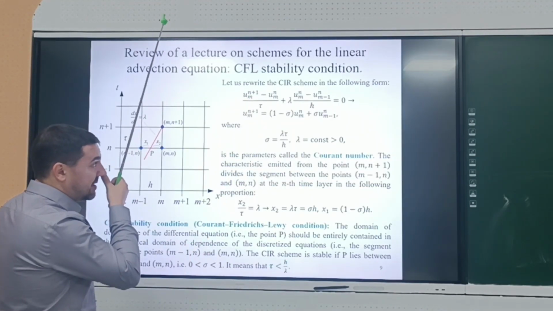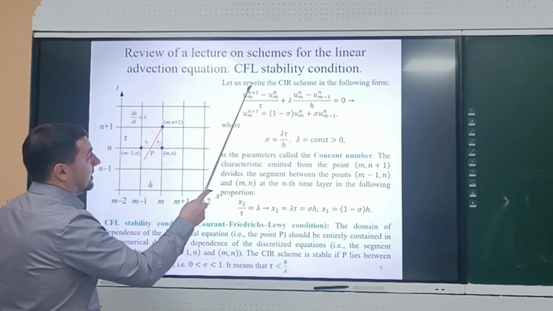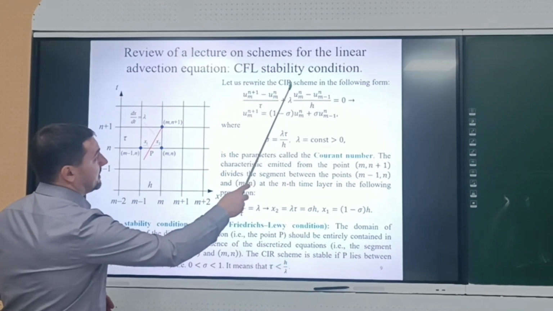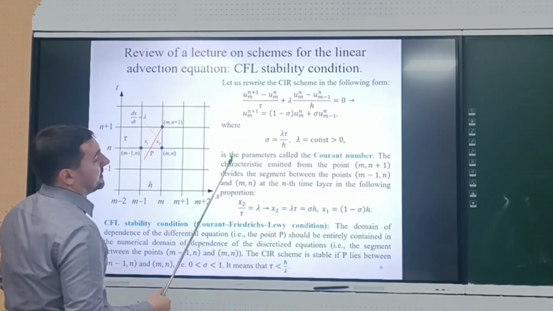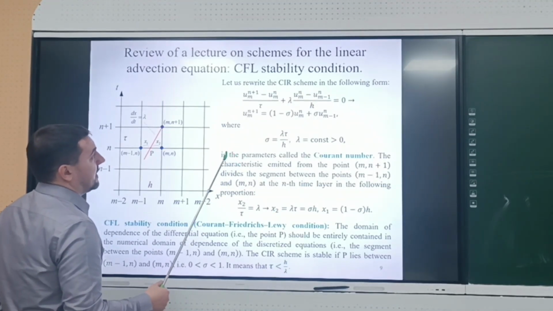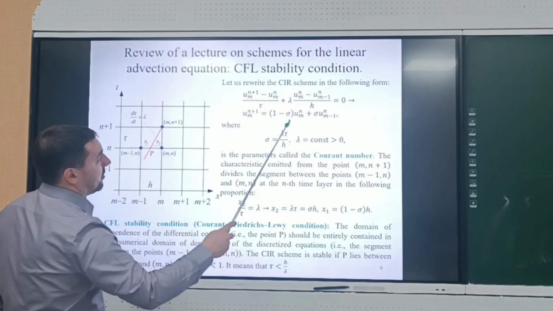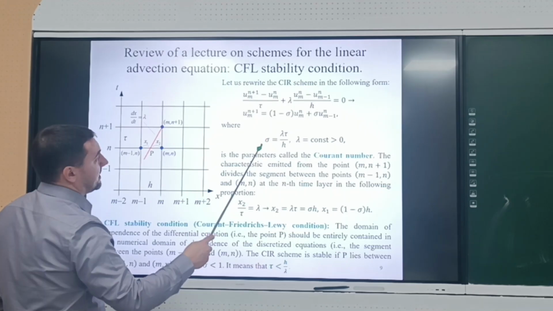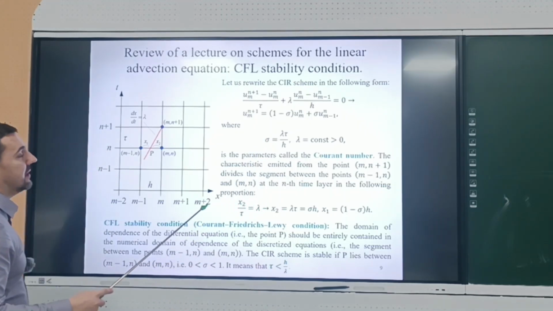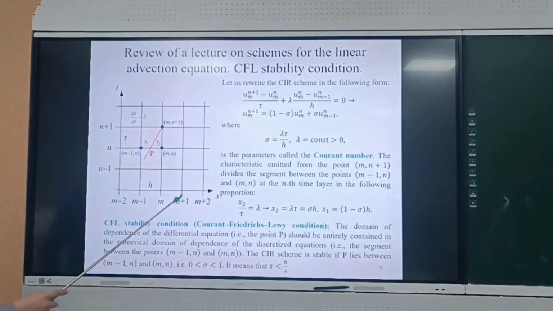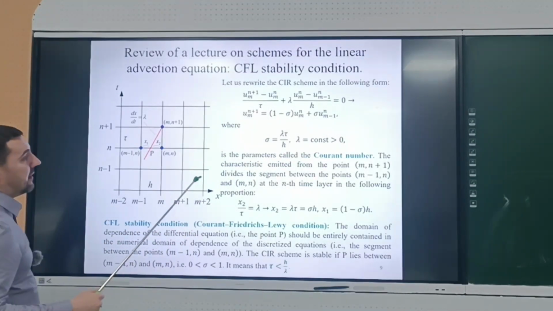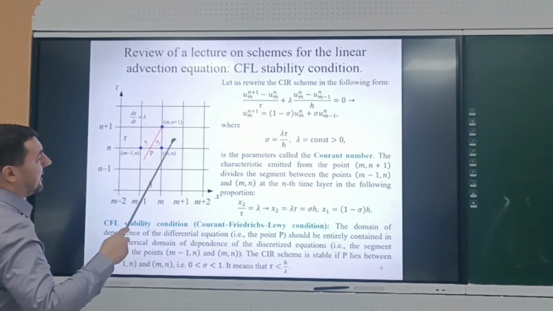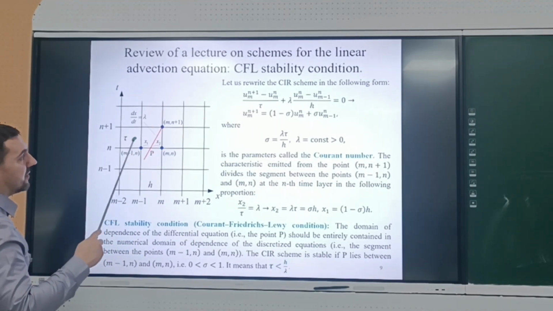It's an upwind scheme: explicit Euler scheme for the time derivative and explicit backward derivative for the spatial derivative, and it can be rewritten in the following form. We can just express u^{n+1} and introduce the parameter sigma equals lambda tau over h. This is the Courant number. And we discussed that this scheme can be interpreted as the linear interpolation at the nth time layer.